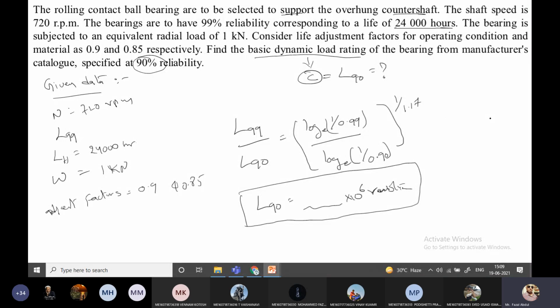So one more thing I forgot here. Just wait. Here the adjustment factors are given, so we have to multiply. Whenever you find the adjustment factor, blindly substitute here 0.9 into 0.85. Now tell me the L90.